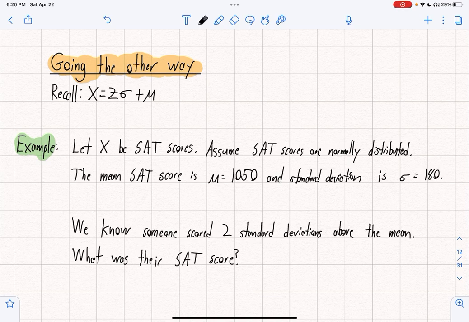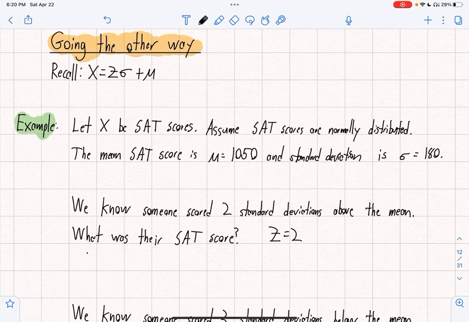Well, remember that z-scores represent the number of standard deviations away from the mean. So 2 standard deviations above the mean would mean z is equal to a positive 2. So now we can apply our formula. x is equal to our z value of 2 times sigma, which was given to us as 180, plus our average, which was given to us as 1050.